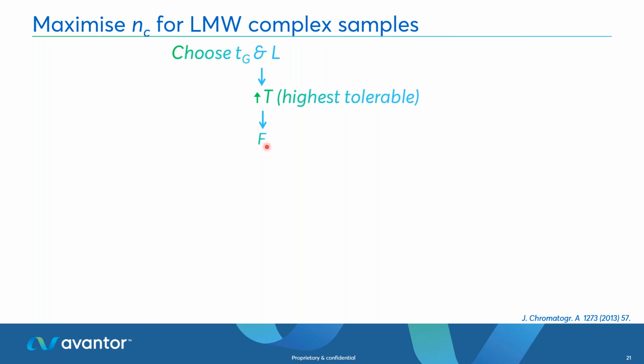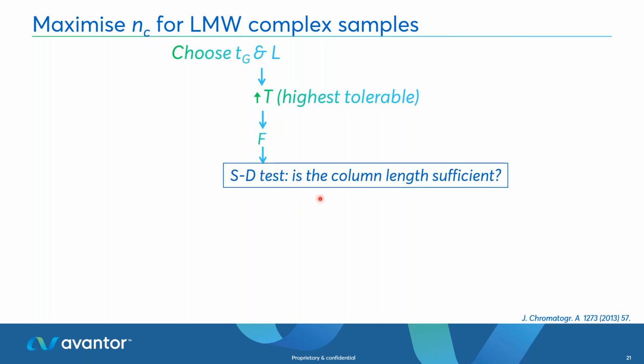So choose a flow rate that's sensible, and I would recommend choosing the flow rate that's on the certificate of analysis with your column. If you've lost that certificate of analysis, you've got a serial number on that column. Call your column manufacturer and understand what that certificate of analysis flow rate is, and choose that velocity, because we do need to address this question with a Snyder-Dolan test. So is the column length sufficient?